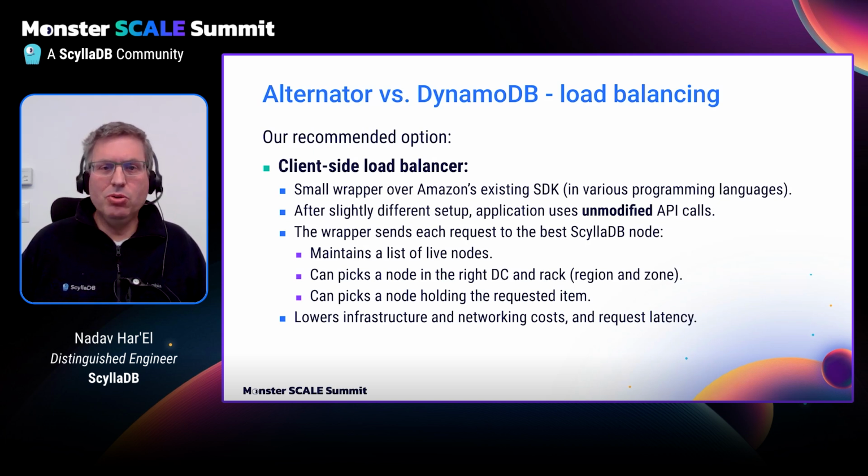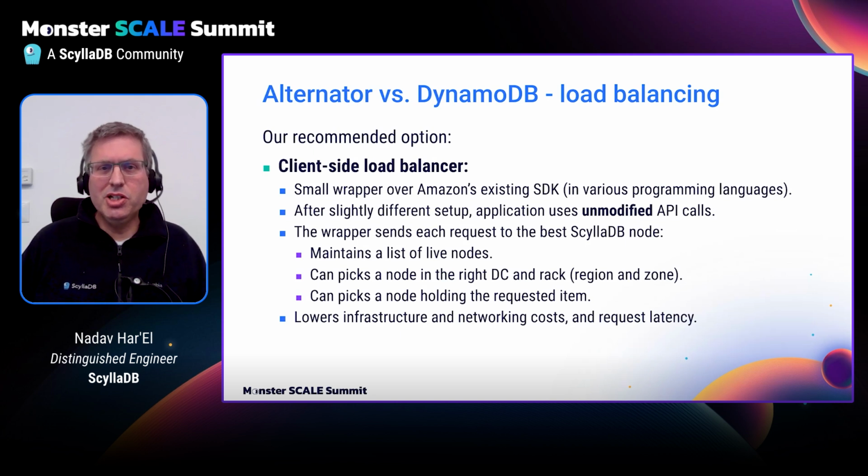If you have multiple geographic regions or availability zones, it can pick the right node from the right region and zone. And it can pick the node that actually holds the item being requested, to avoid another hop if you get to the wrong node.